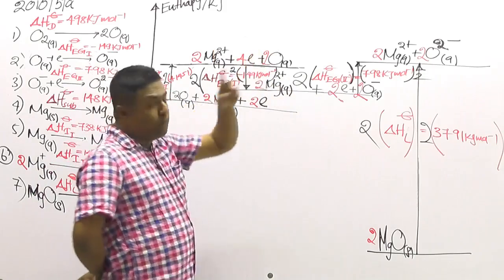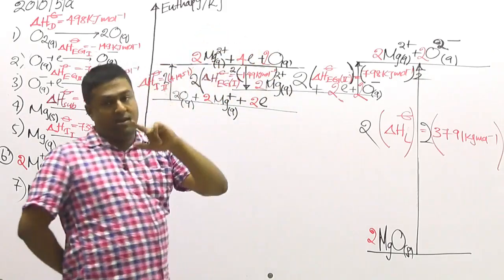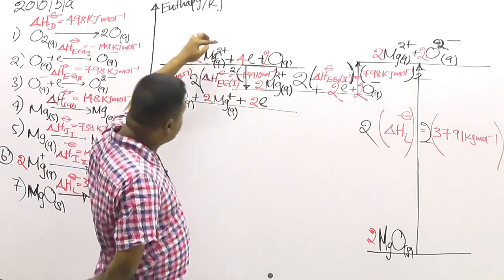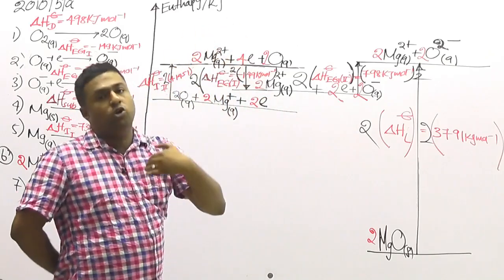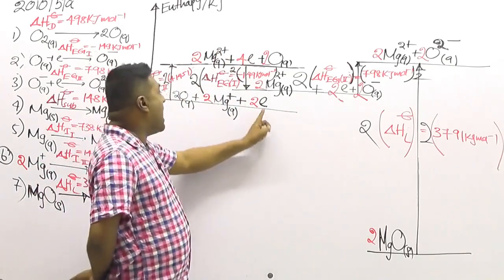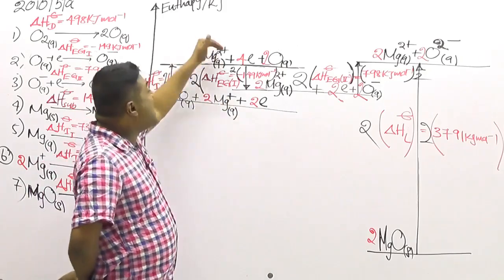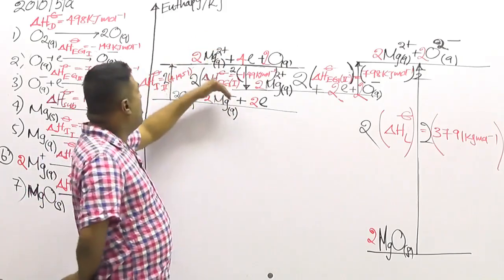But here you have 4 electrons. To balance the equation, you need 2 more electrons. That's why I have added 2 electrons here.